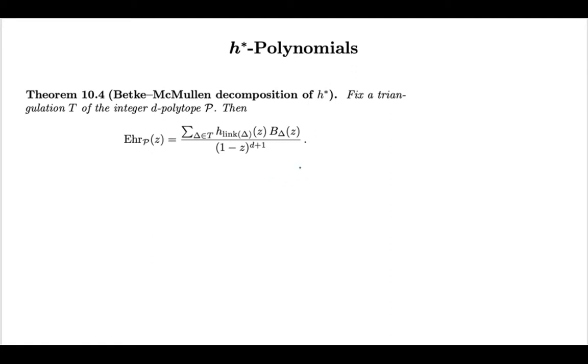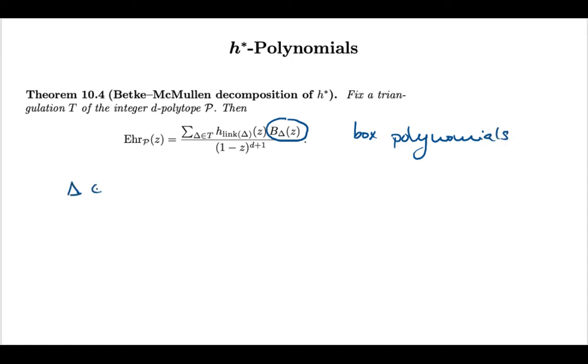Anyway, let me start to introduce the ingredients. These polynomials b sub delta, they're called box polynomials. And they're defined as follows.